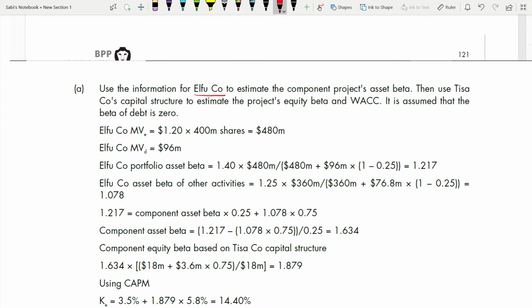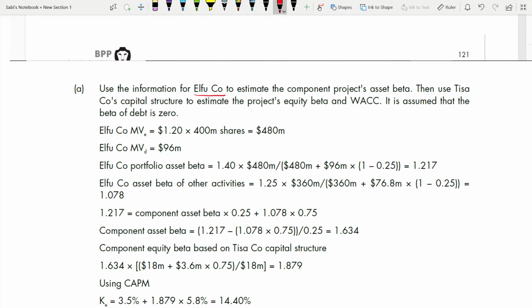You have to find the asset beta from the similar company. Whenever you are given an organization in your paper, there will be a similar company. From that company, you have to extract the asset beta to apply in your capital structure and get the equity beta.